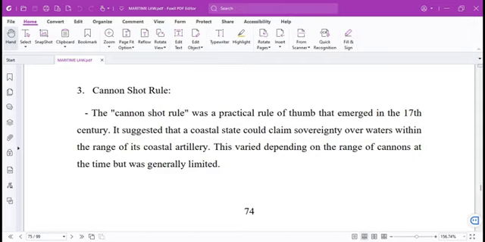It suggested that a coastal state would claim sovereignty, dominance, control over waters within the range of its coastal artillery. This varied depending on the range of cannon at the time, but was generally limited. That is why you have that word over waters within the range of its coastal artillery. Any other one beyond that is declared null and void.